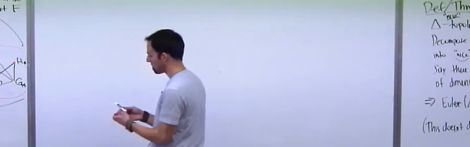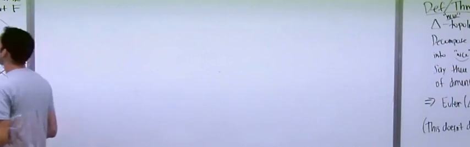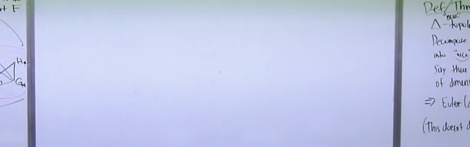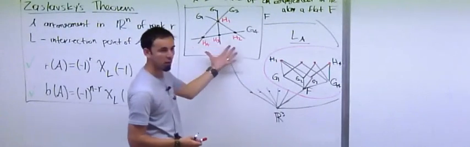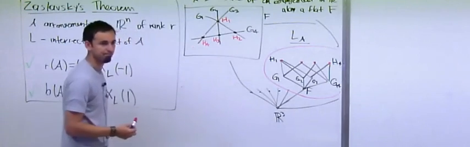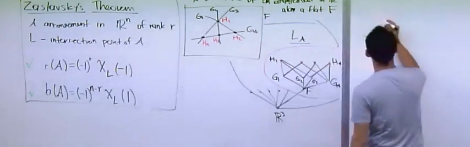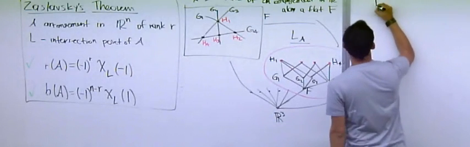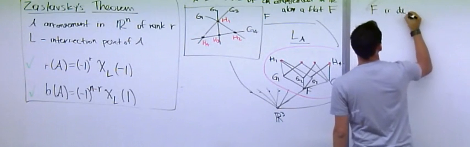Okay, so now let me do this. Well, you see, I can do some topology here. I can do topology over here, because here I have a space, topological space, F, and I naturally have it cut up into nice pieces. So what can I say? I can say that F is decomposed nicely.